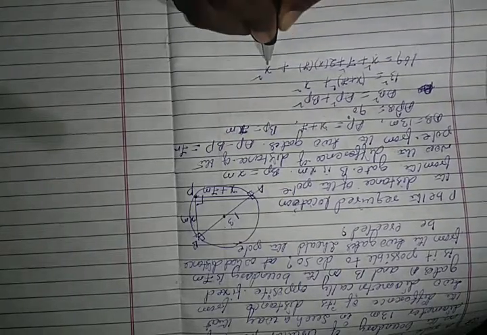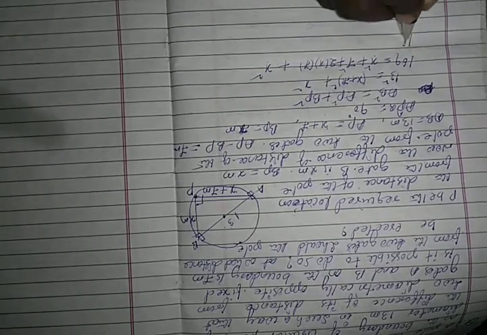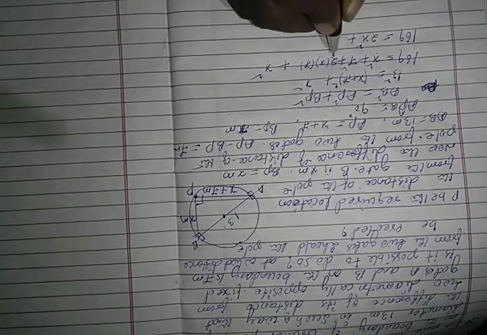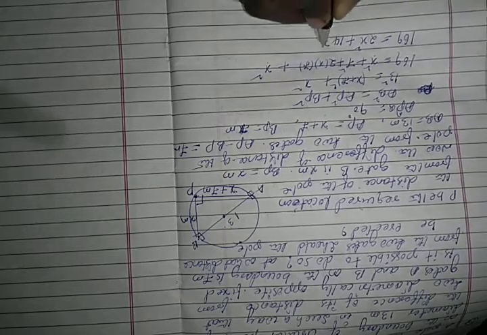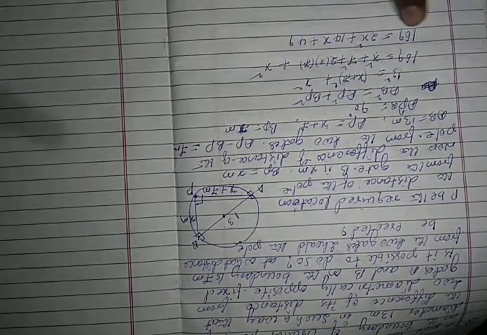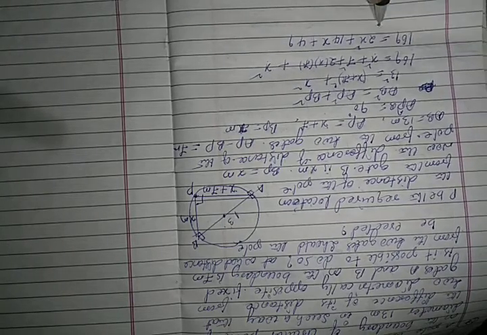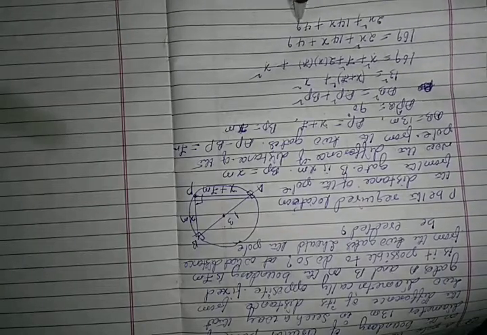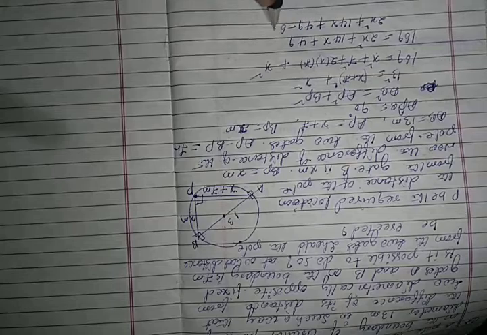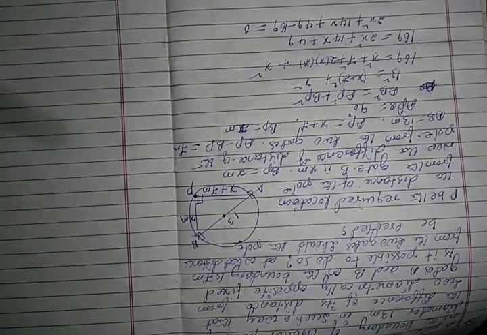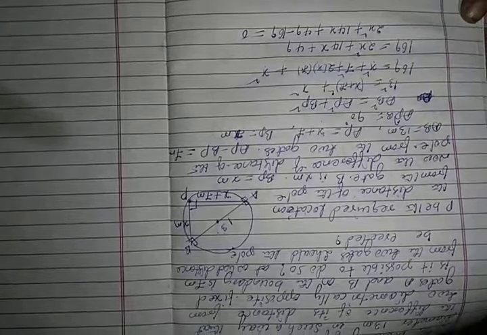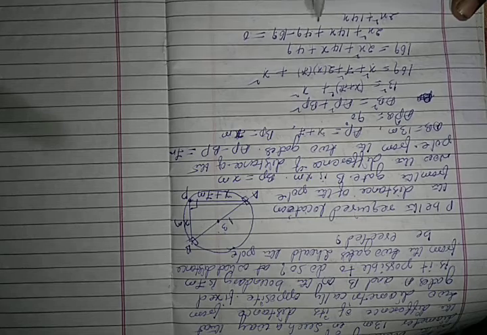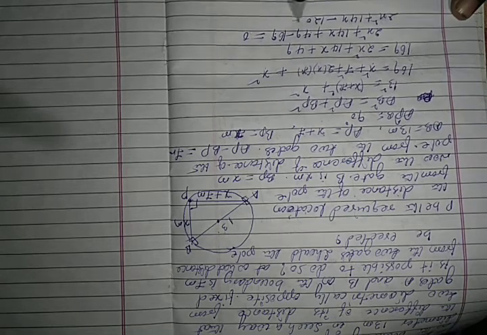So 169 is equal to x square plus x square, 2x square, plus 2 into 7, that is 14x plus 49. So this 169 goes to the right side: 2x square plus 14x plus 49 minus 169 is equal to 0. So 2x square plus 14x, 49 minus 169 is minus 120, is equal to 0.